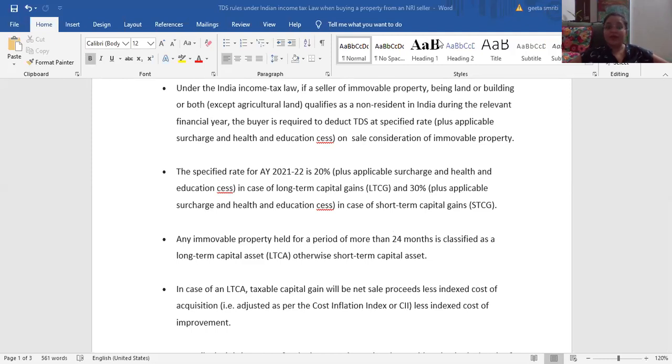When it is short-term, then the rate of TDS will be 30% plus cess, and whenever it is long-term capital gain, then the rate of TDS will be 20% plus 4% cess plus surcharge.